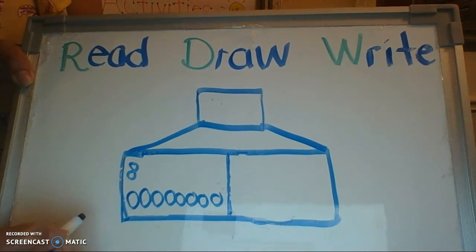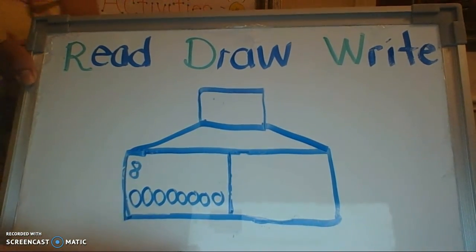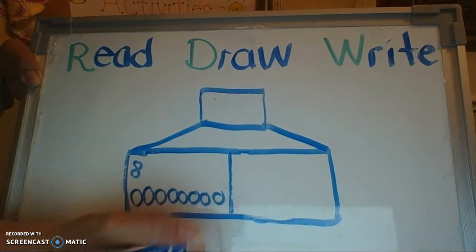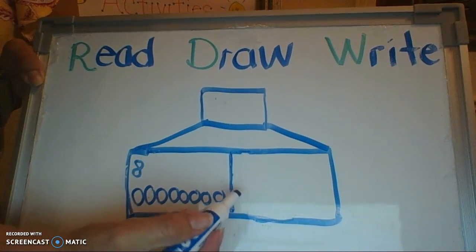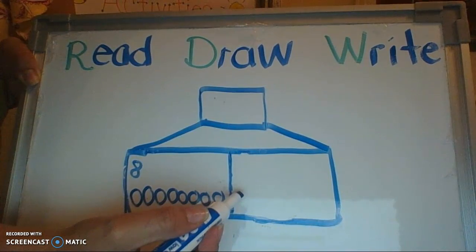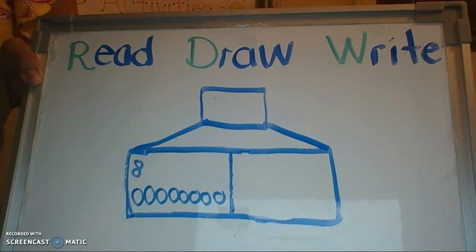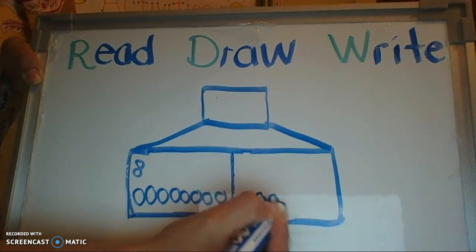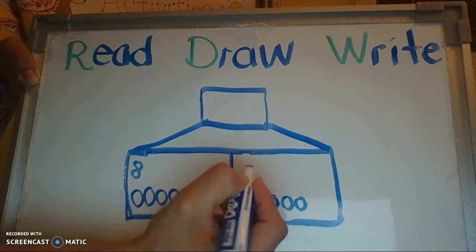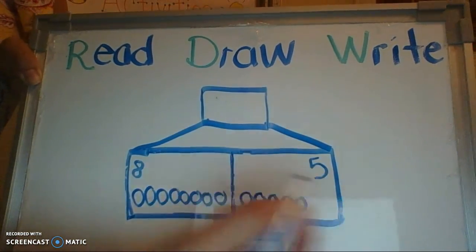Now I want you to ask yourself, how many sugar cookies did Ben's mom give him? Think it, say it. 5 more. 1, 2, 3, 4, 5. I'm going to label it 5.